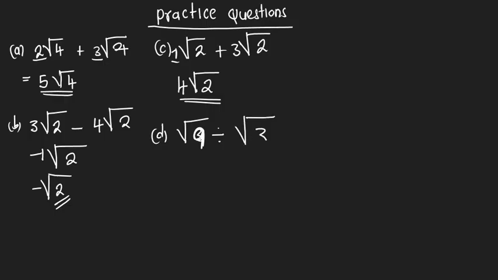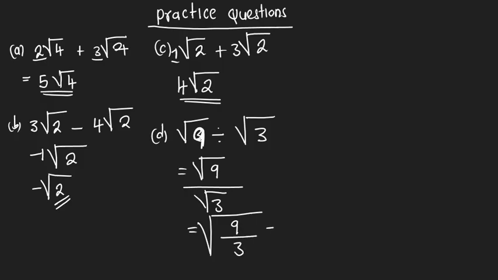This can also be written as square root of 9 over square root of 3, which can also be written as everything 9 over 3, and that becomes a root of 3. That is called the quotient rule.